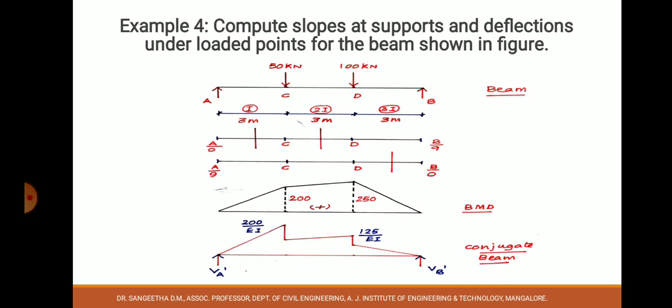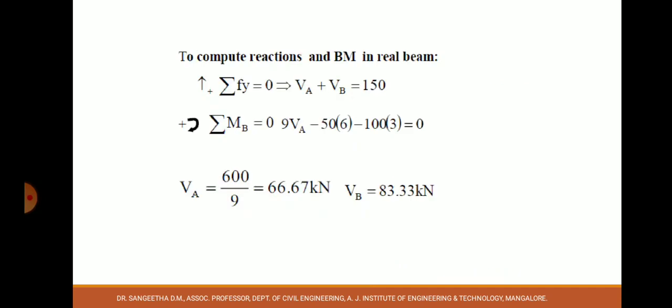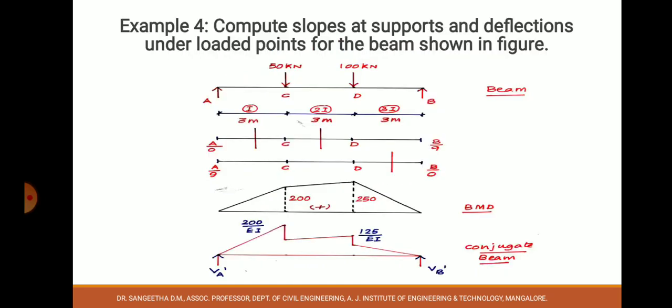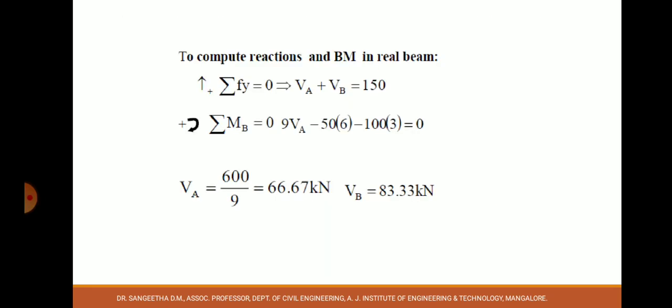So first what you are going to do, 50 and 100 kilonewton, span is 3 meter, 3 meter, 3 meter. So first find the support reactions for the real beam. VA plus VB is equal to 100 plus 50, 150. Exclude EI values. Excluding EI values, VA plus VB is equal to 150.